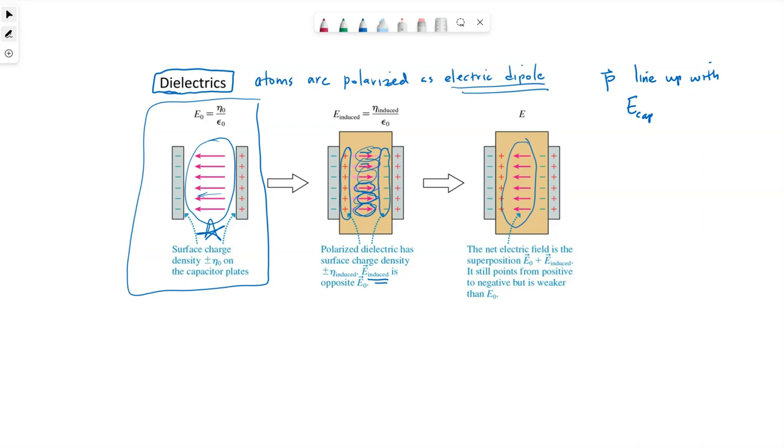That gives us an overall electric field between the plates that is a bit weaker. Ultimately, having a dielectric material between the plates increases capacitance.